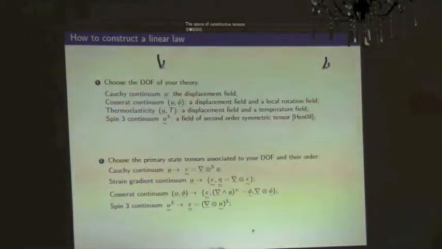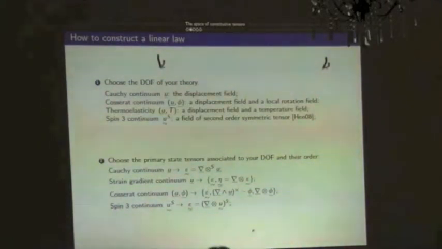References are also given. It's a field theory in which your degrees of freedom are described by a field of symmetric second-order tensors. For us, it's a vector field; for them, it will be a field of second-order symmetric tensors. But the construction, despite being very different from our interest, will be almost the same.